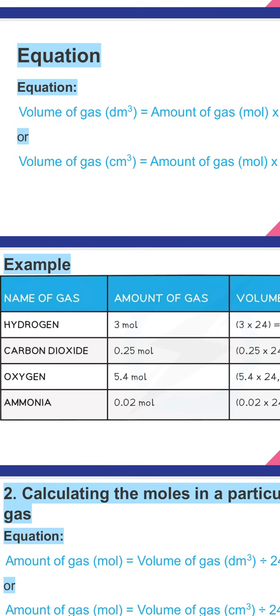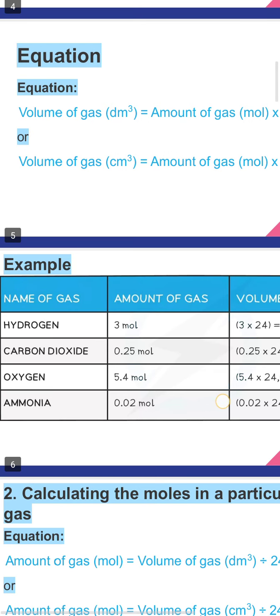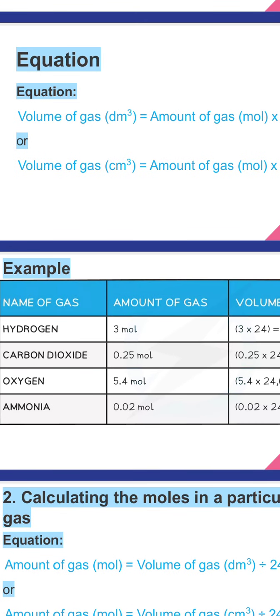So you can see in this particular slide the name of gas, amount of gas, volume of gas: hydrogen, carbon dioxide, oxygen, ammonia. So these are the names of gases.